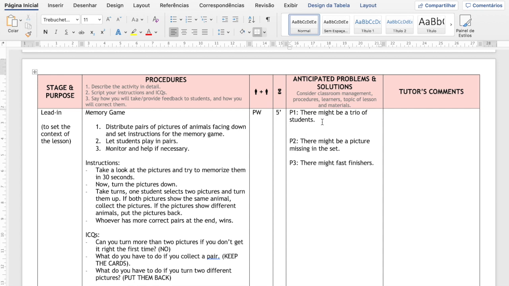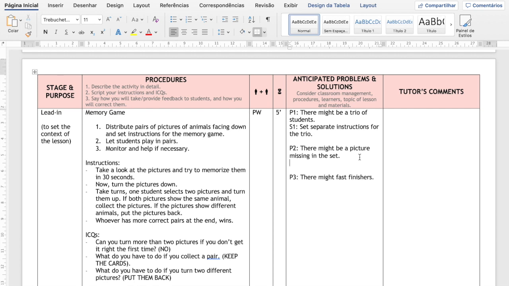What happens if there is a trio of students? Set separate instructions for the trio. What happens if there is a picture missing in the set? Provide an extra set of pictures. What happens if you have fast finishers?